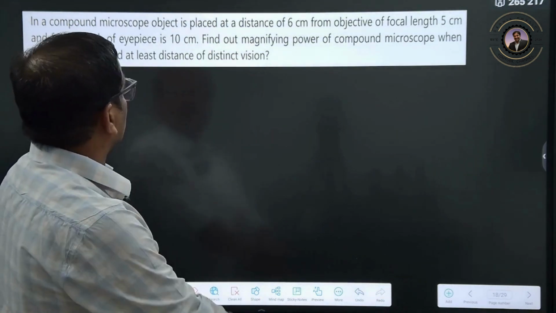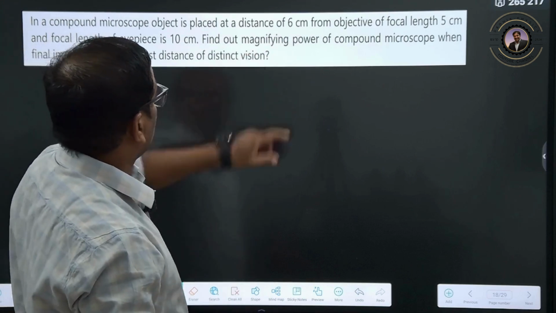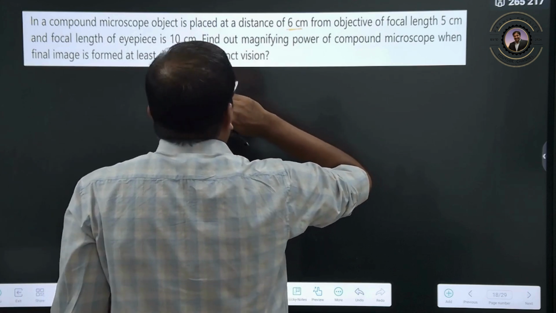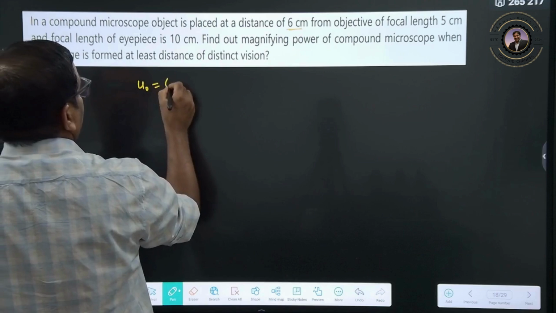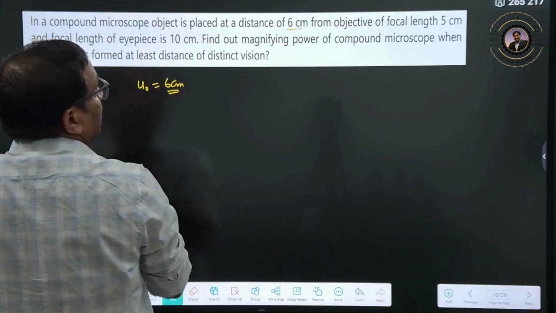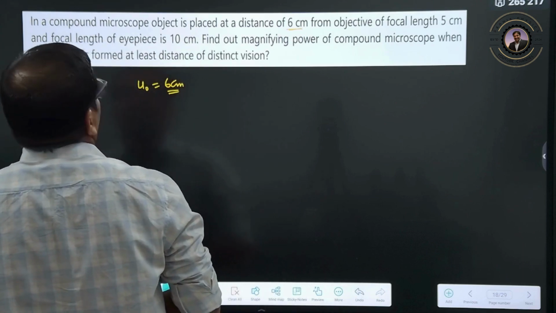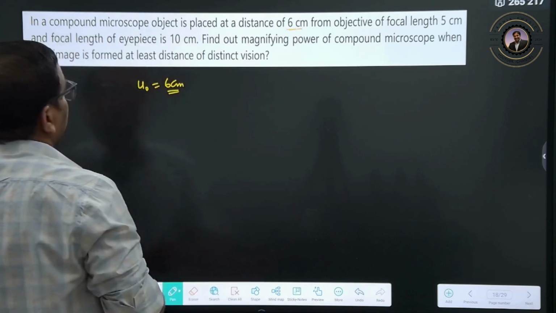In a compound microscope, the object is placed at a distance of 6 centimeter. So where is the object placed now? At 6 centimeter. UO is given, that is nothing but minus 6 centimeter. The focal length of the objective is given as 5 centimeter, and the focal length of the eyepiece is given. Find out the magnifying power of the compound microscope when the image is at the least distance.